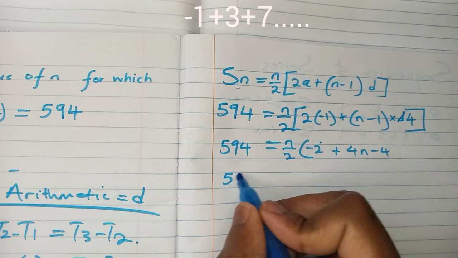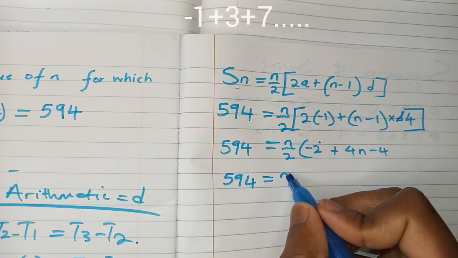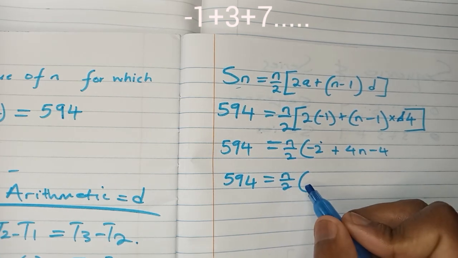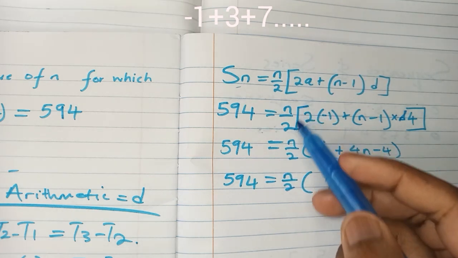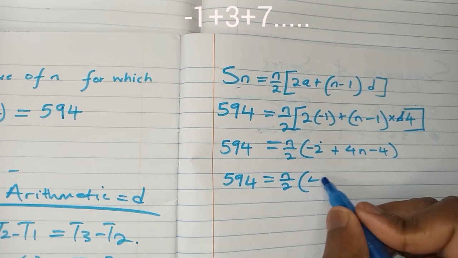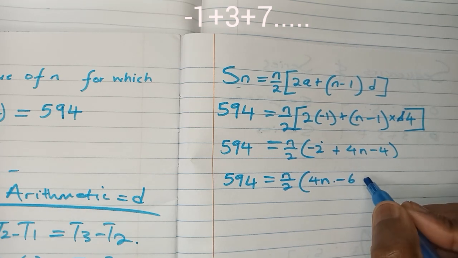We have 594 is equal to n over 2 into, now I'm going to make a bracket like this because we don't have a lot of stuff in the bracket, so I'm going to simplify it and do it like this, not the square bracket, right? So we're now going to have something like 4n and then minus 6, right?